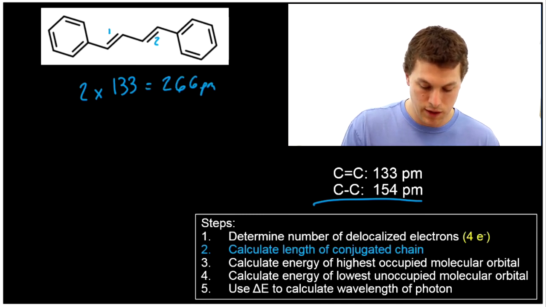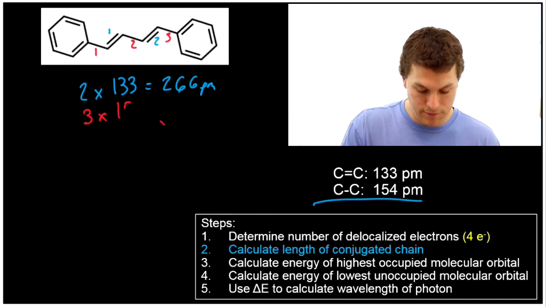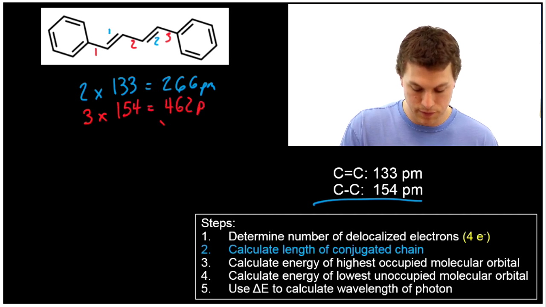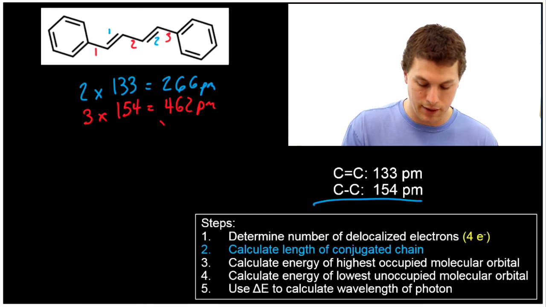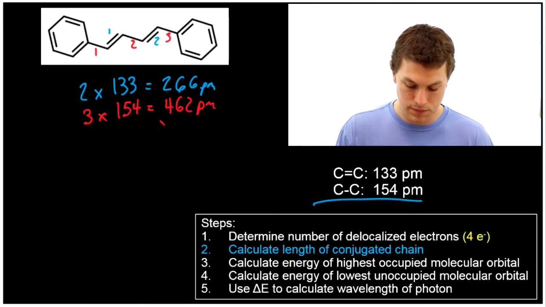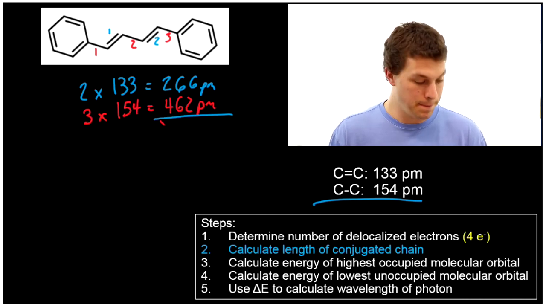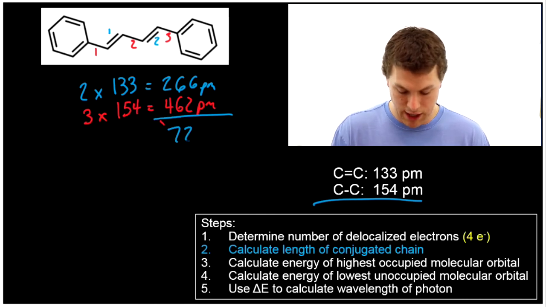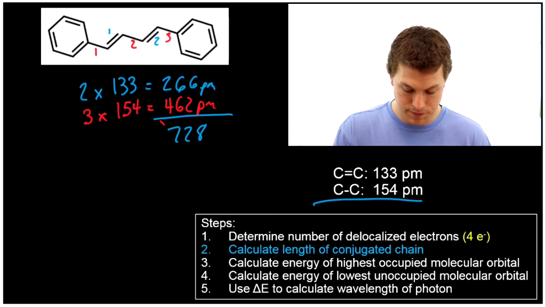Then what we need to do is calculate our single bonds. 1, 2, 3 single bonds, so 3 times 154 is going to give us 462 picometers. So that's separately calculating our double bond and single bond. And then we need to add them up. That's going to give us 728 picometers.